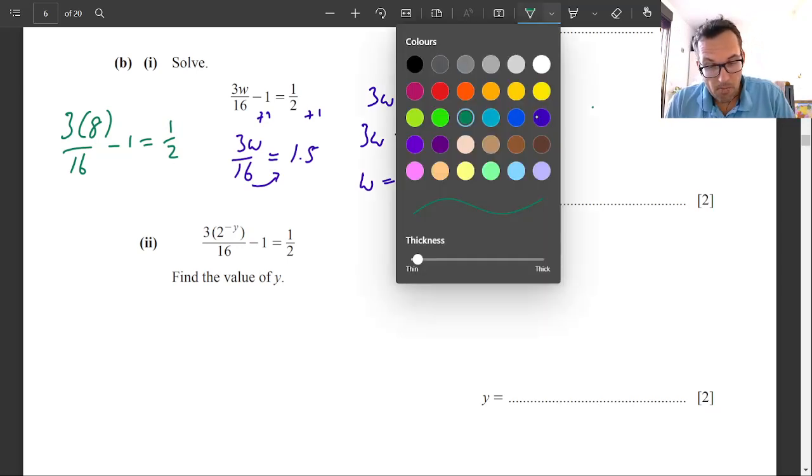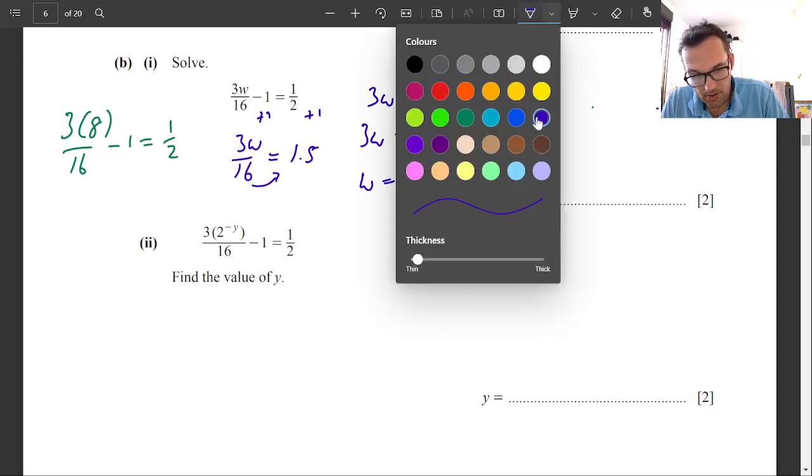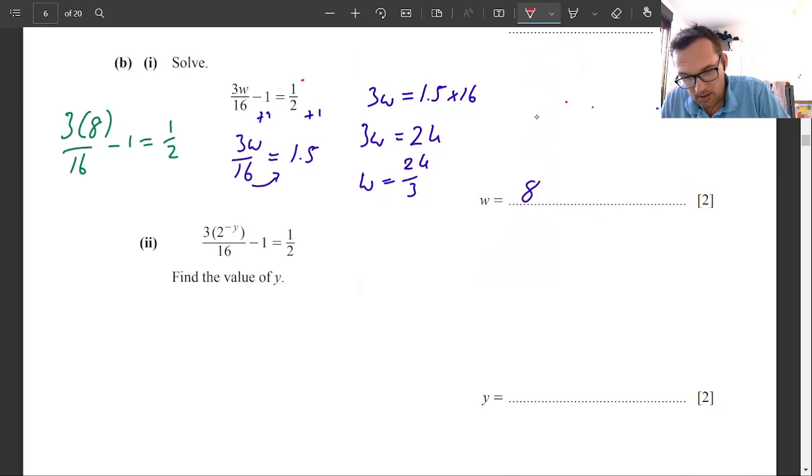Question 3b, part 2. Let's do the same thing here. In fact, we can rearrange the whole thing and do it again, but if you look very carefully here, this and this are essentially the same.